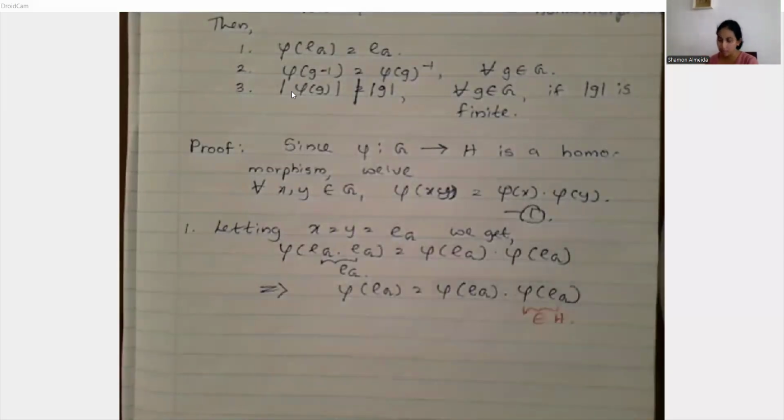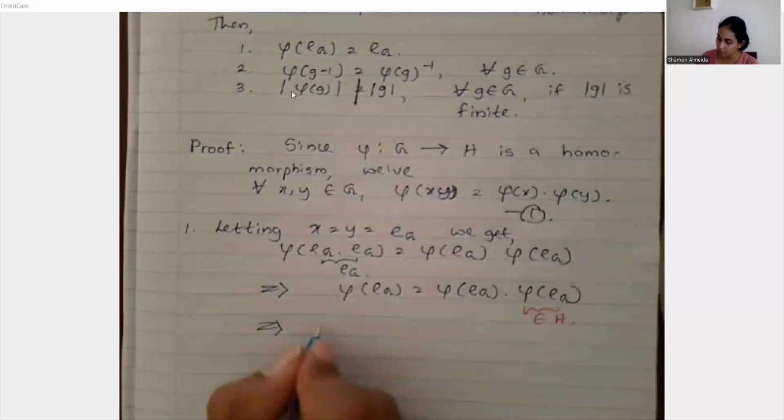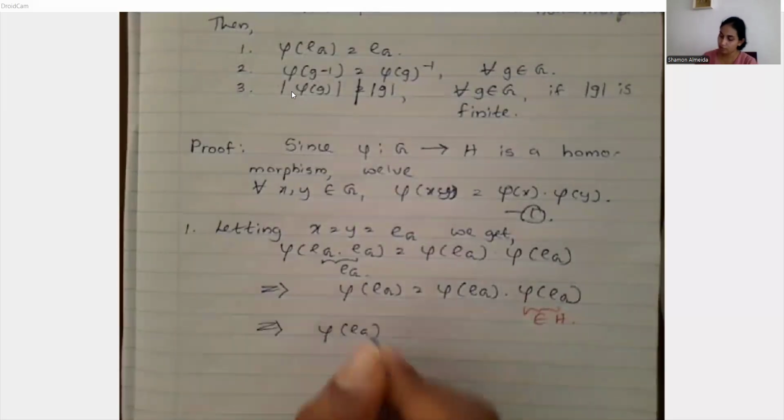So we take the inverse of this element on both sides, on the right or the left, it doesn't really matter. Let's take the inverse on the right.